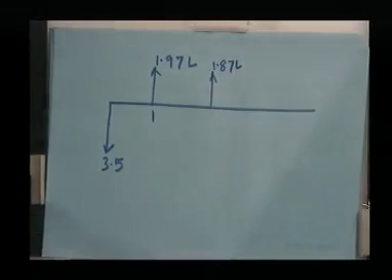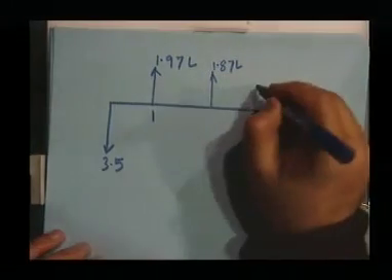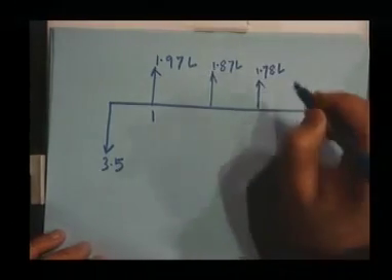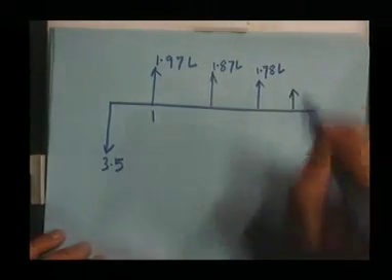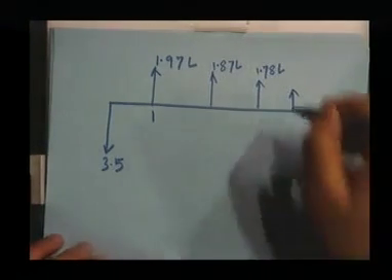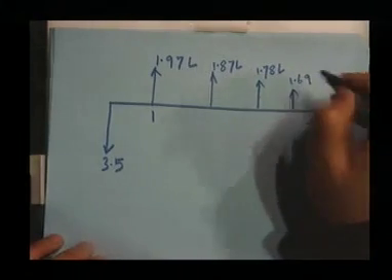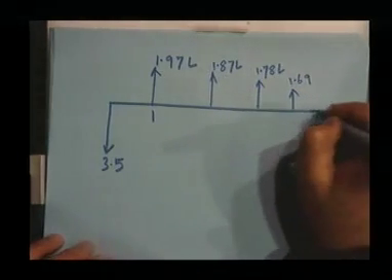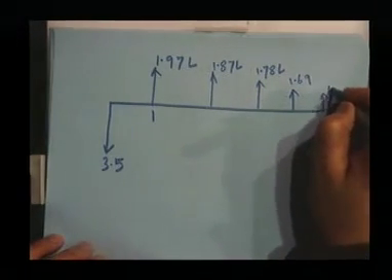These values please cross check at your end. Year 3 it is 1.78. Year 4 it is 1.69, and finally year 5 you are getting 1.59.